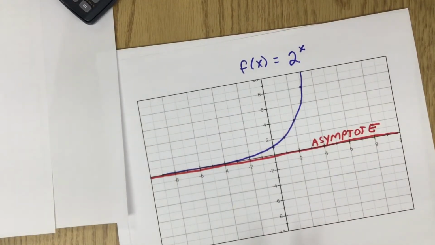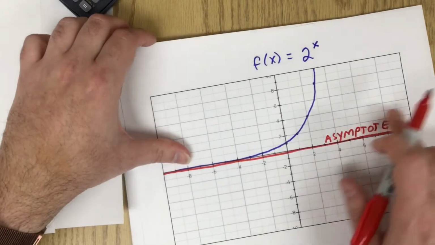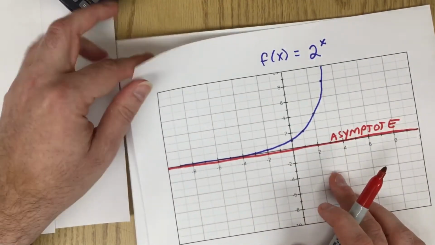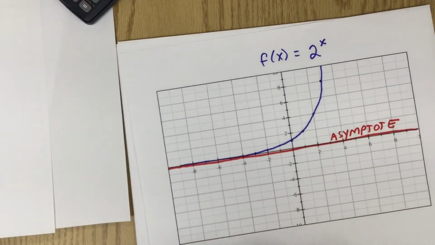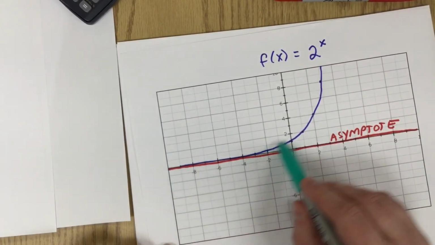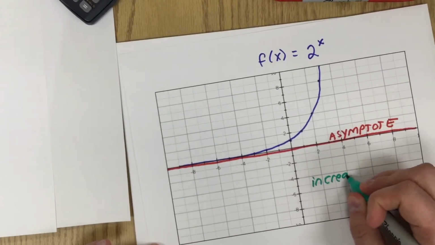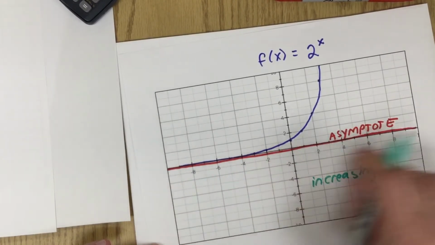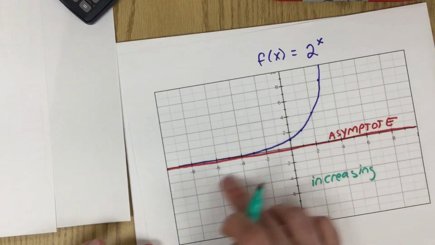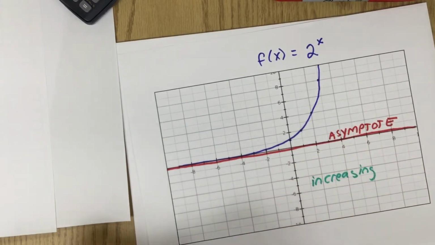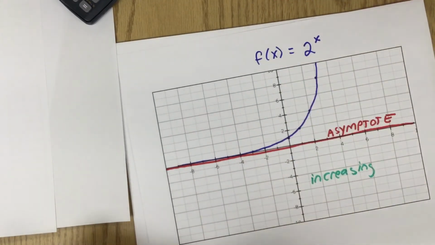So that's going to be an asymptote. It's a line that it gets close to and never quite touches. Something else I want you to notice, looking at the graph, is that going from left to right, we're always increasing. So we're going to say that this graph is increasing. So it has an asymptote over there at y equals 0, and it's always increasing.